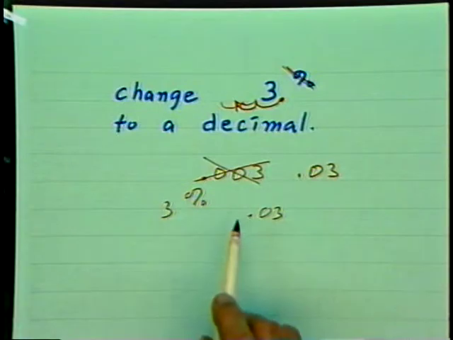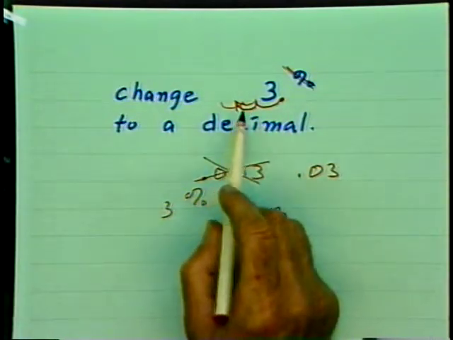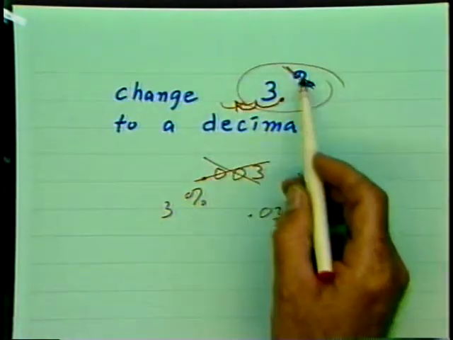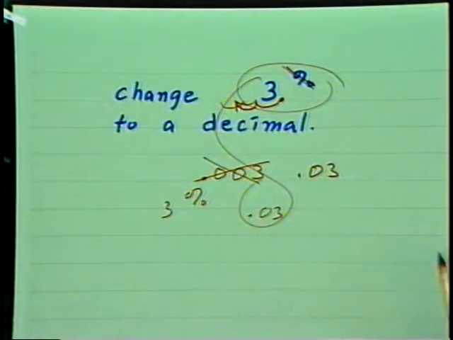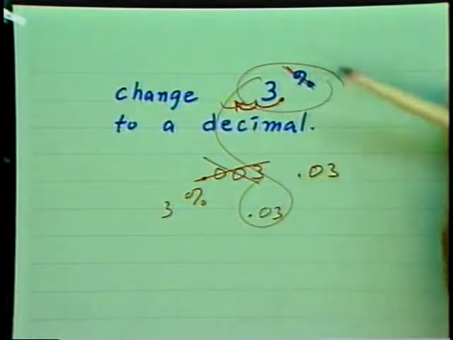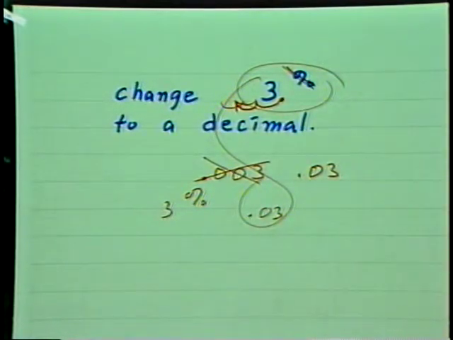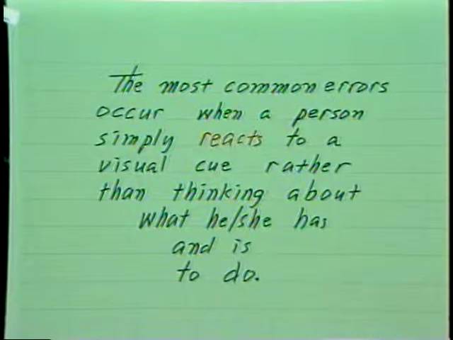So if you're really thinking, you don't have to react mechanically. You can just go from this form to this form automatically, because you know what the two really mean, and you act accordingly. The most common errors occur when a person simply reacts to a visual cue rather than actually thinking about what he or she has and is to do.